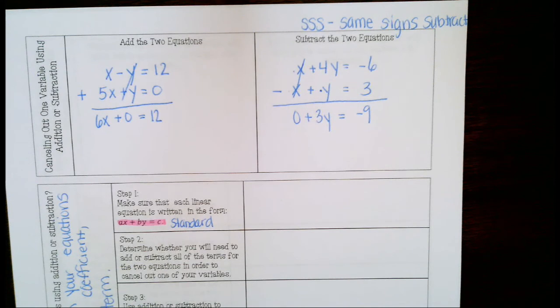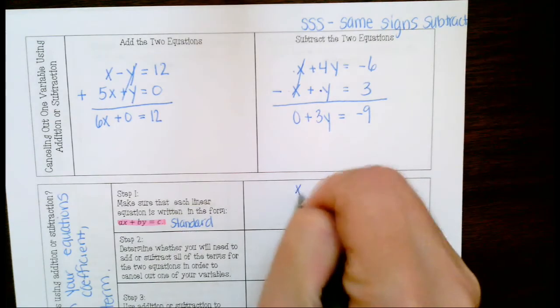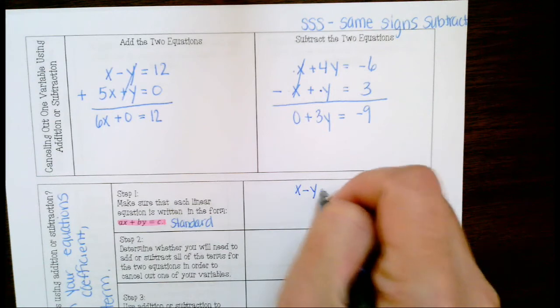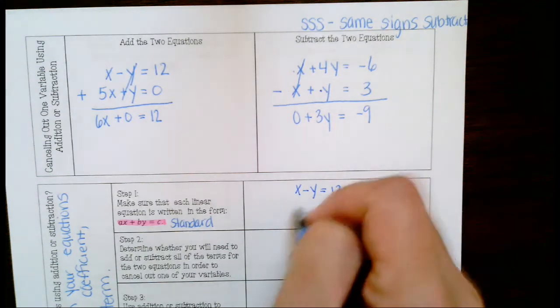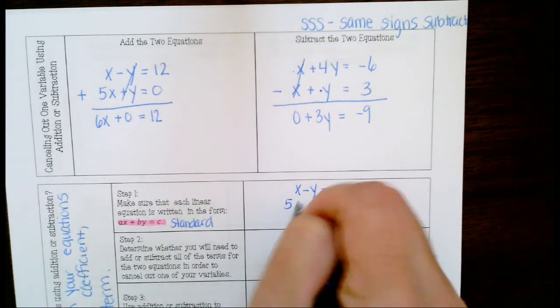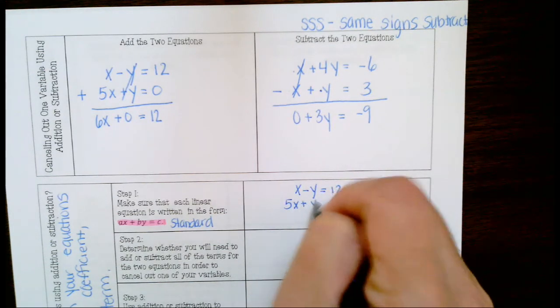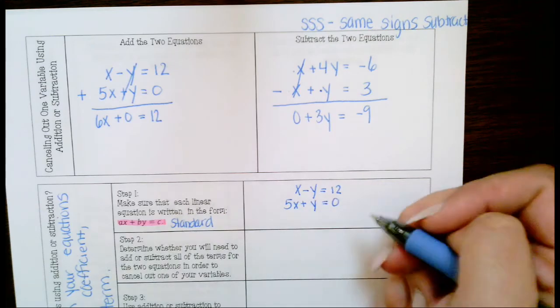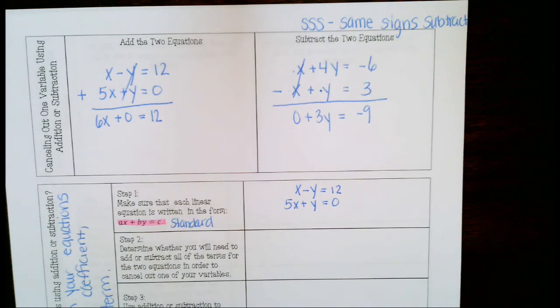When we have our equations in standard form, elimination is going to be our go-to. We don't want to have to convert if we don't have to. So we're going to do the x minus y equals 12 and the 5x plus y equals 0. That's the one we're going to do right now. Currently, both these equations are in standard form. I don't have to do anything to convert.